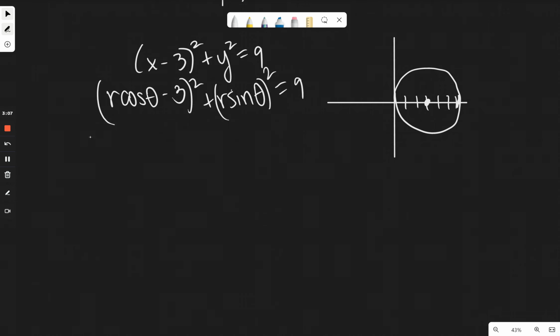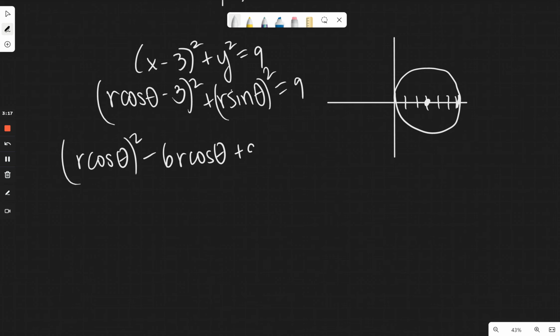So this becomes (r cosine theta) squared minus 6 r cosine theta plus 9 plus (r sine theta) squared.